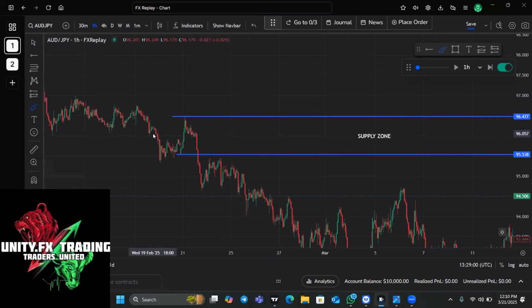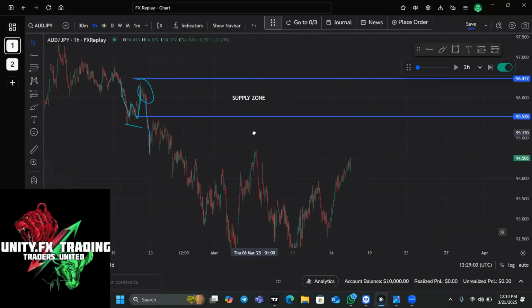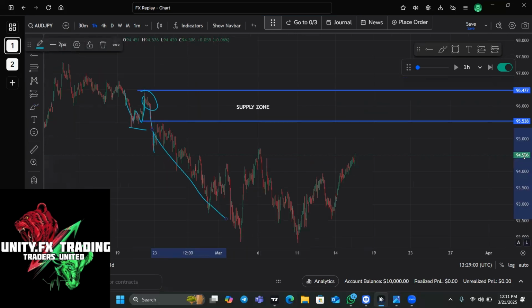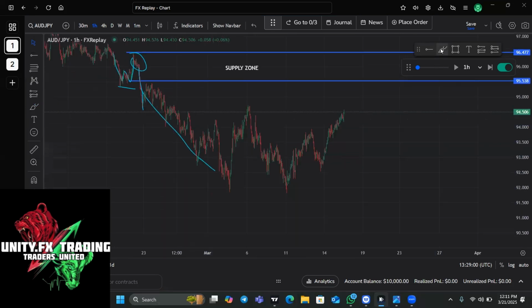For instance, here we had an impulse, we had a correction, but on this supply we had another impulse which broke structure, and then price kept pushing and pushing until we got to this low here. So the very same supply zone pushed to this low, guys.